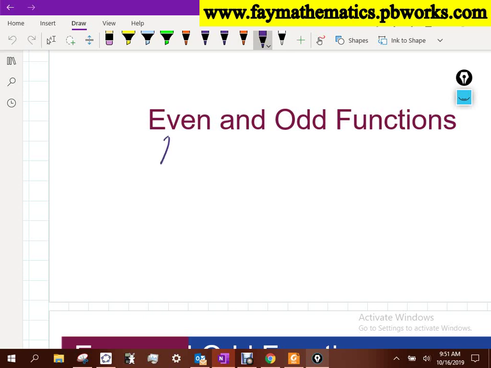An even function, though, is a function that has y-axis symmetry. An odd function has x-axis and y-axis symmetry.